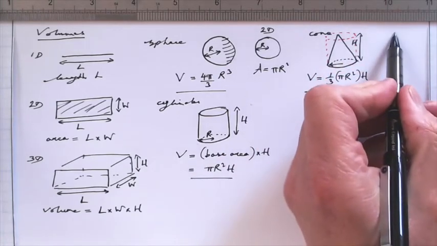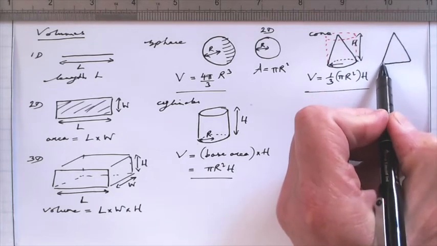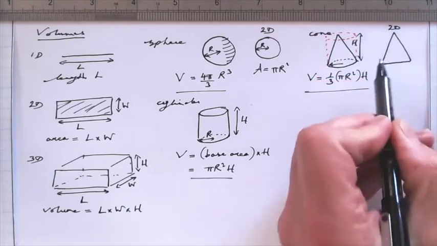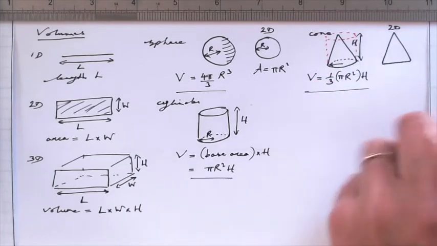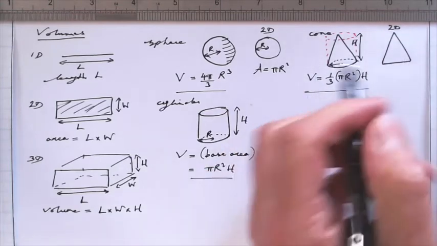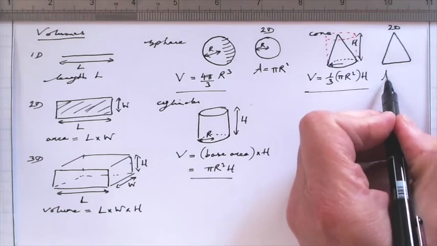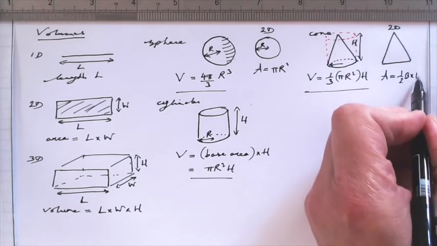It's really quite a beautiful property. It's also interesting to compare this formula for the 2D thing from which you could generalize a cone. So if we imagine a triangle, if we spin a triangle about its central axis, we'll get a cone, and the area of a triangle, as we know, is just 1/2 times the base times the height.